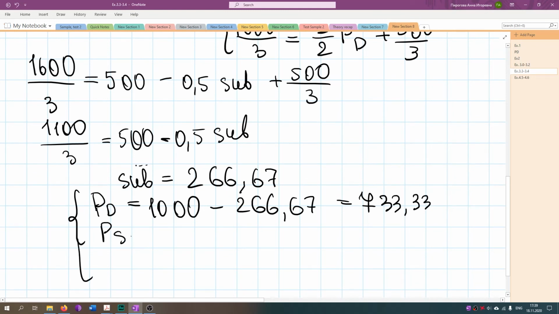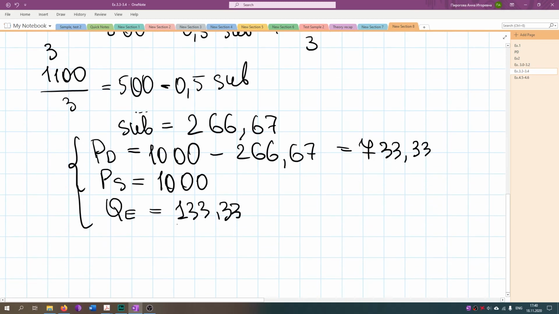The price for suppliers, as we said already, is fixed and guaranteed by the government. And quantity equilibrium, so we just put our price in any of the equations and get 133.33.